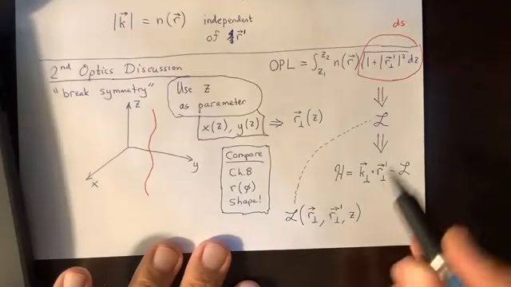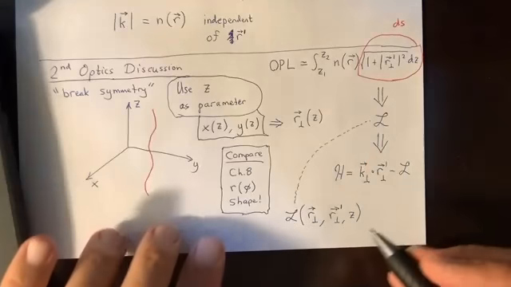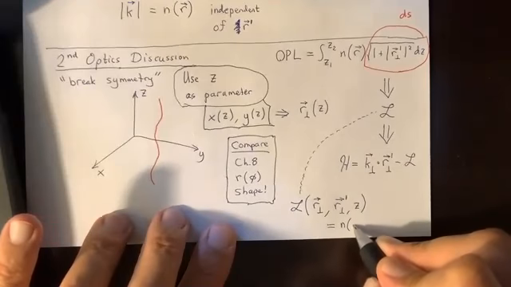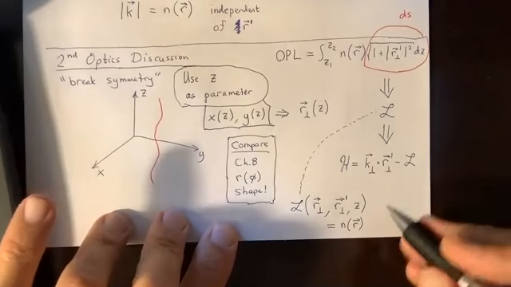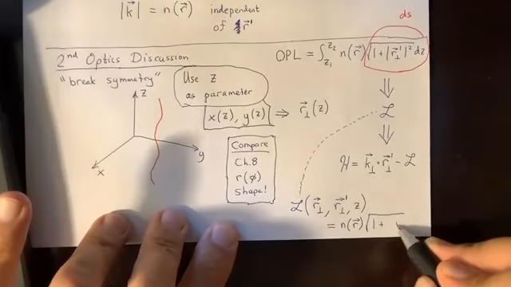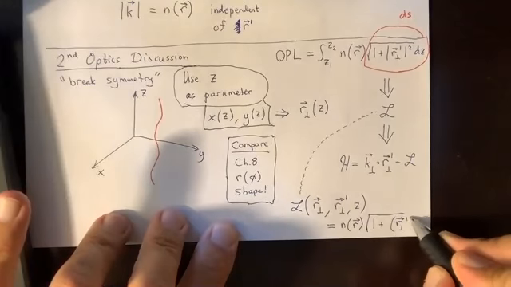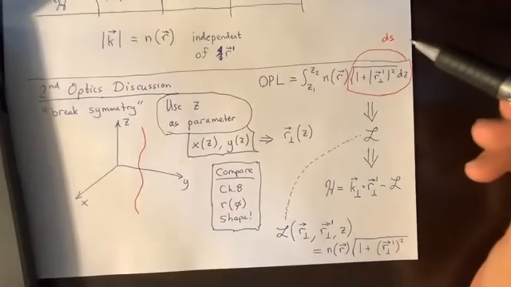And so you can read off the Lagrangian from n of r. It's useful to review this.